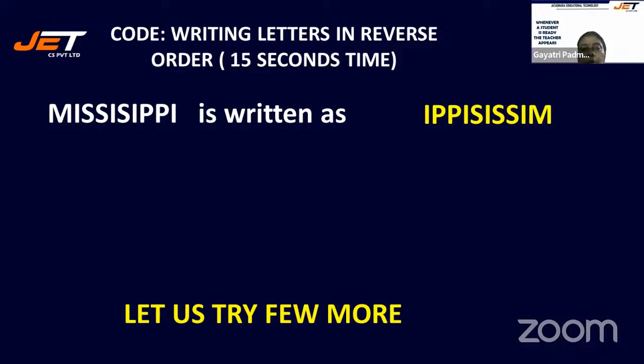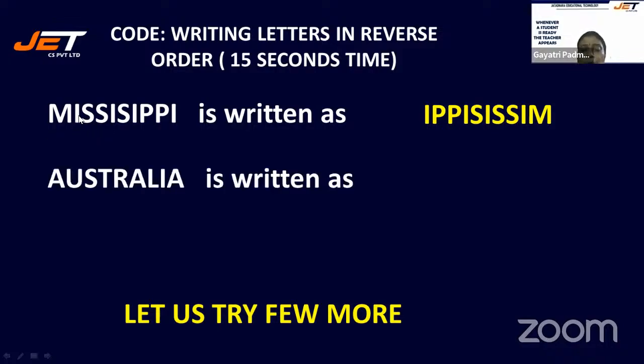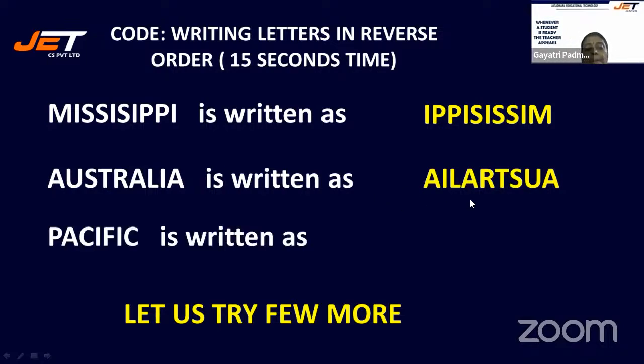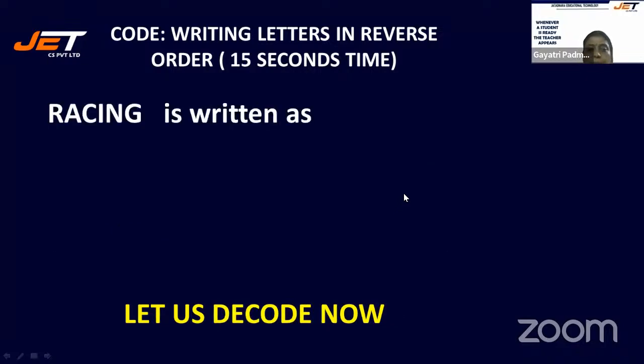Now, when we try to write it in the reverse order, we get IPPISSISSIM. All right. So Australia is written as AILARTSUA. Pacific is written as CIFICAP. All right.